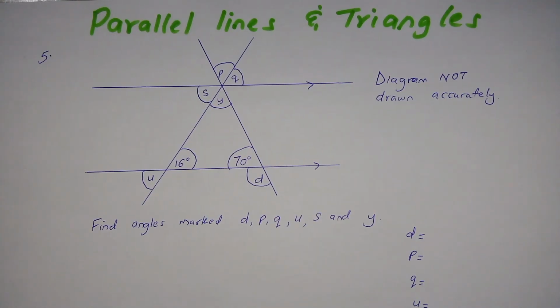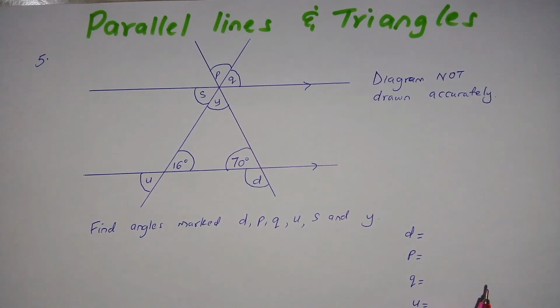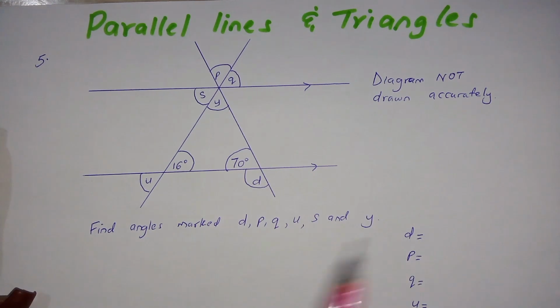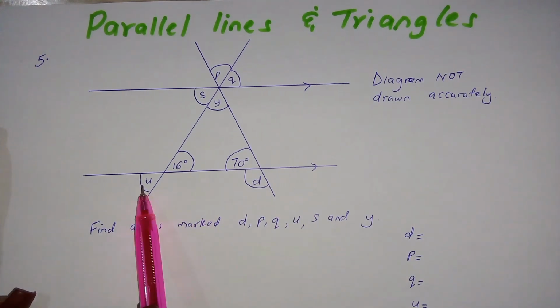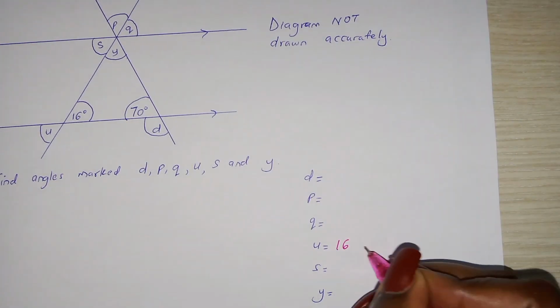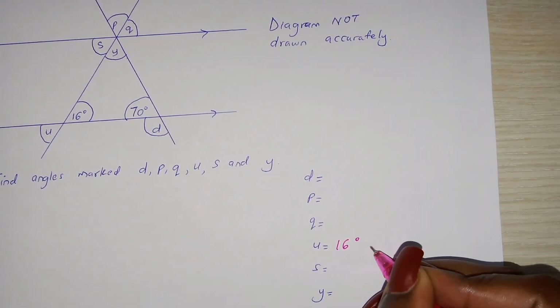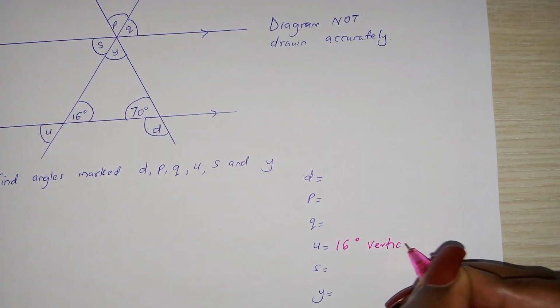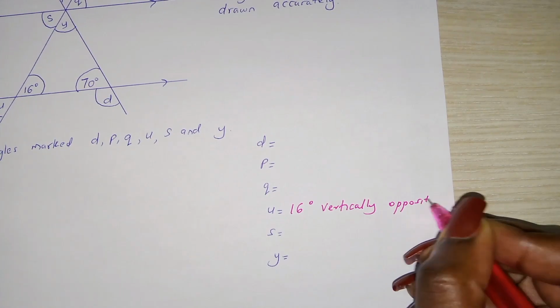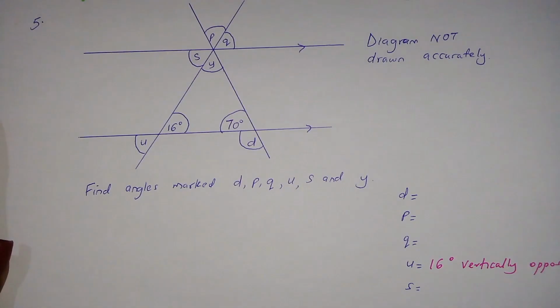So here number 5, the last one, last but not least, we can combine everything. We can start with U, we can start with D, either. So let's start with U. These two are vertically opposite, so we can say U is 16 degrees because vertically opposite angles are equal.